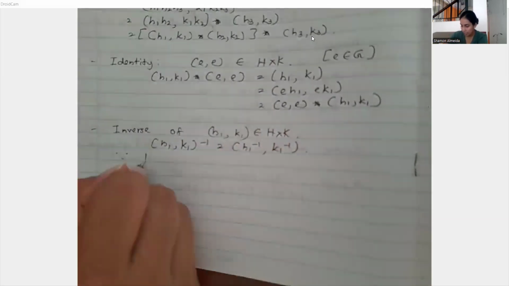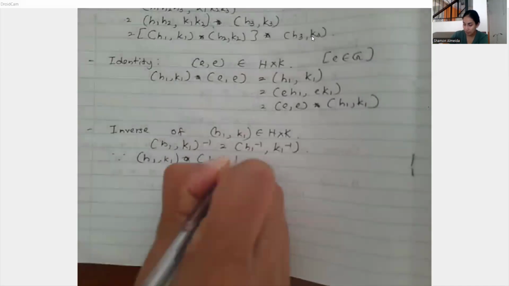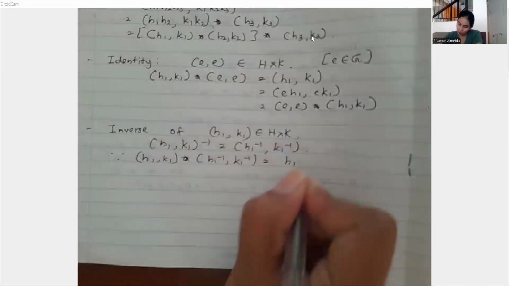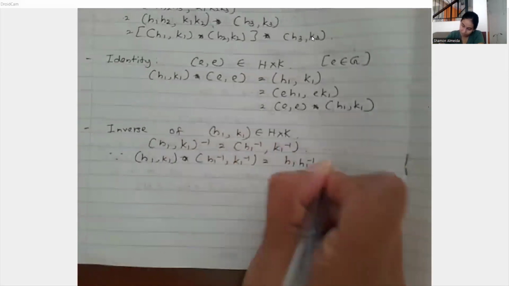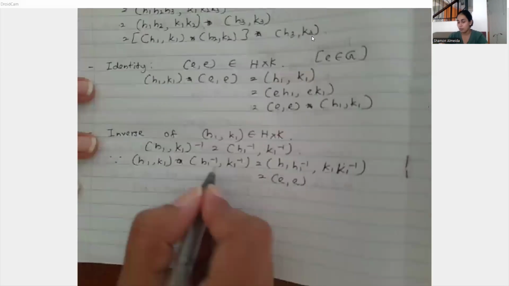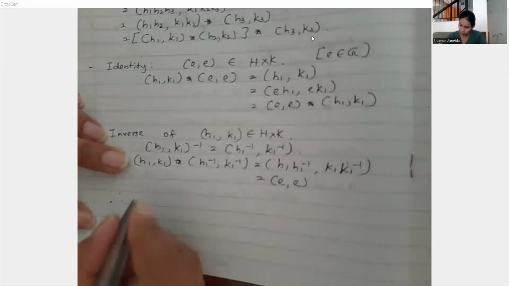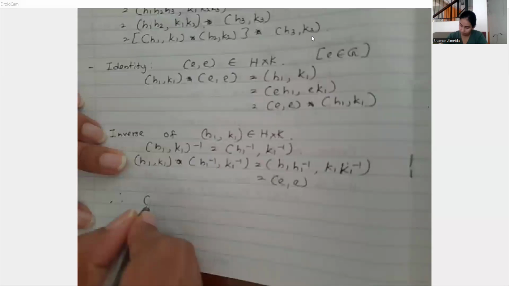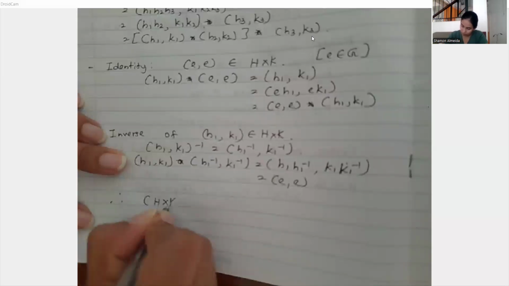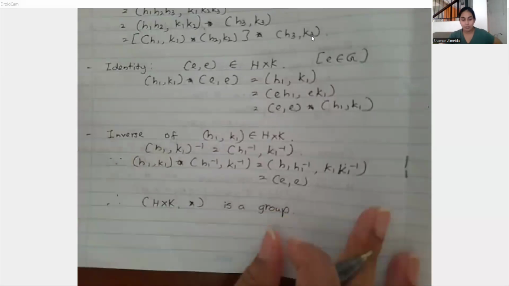This is because if you take (h1, k1), apply the binary operation to (h1 inverse, k1 inverse), what you have is h1 times h1 inverse, k1 times k1 inverse, which ends up being the identity. And you can commute these two and see, once again, we get the same thing. So we see that by definition, this is a group. Right. So this is a group.